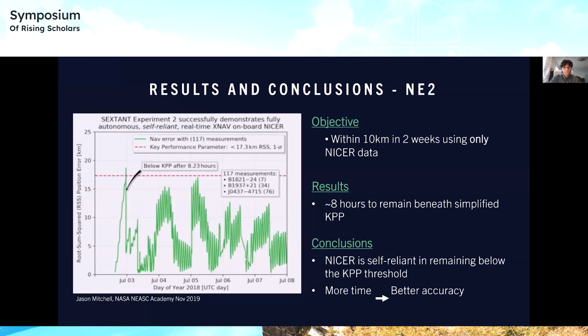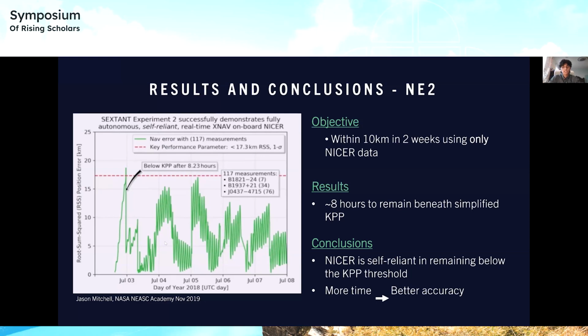And so here's NE number 2. The objective here, of course, was using only NICER data. And you also see that this was around 8 months after NE number 1, that was in November, this is in July.